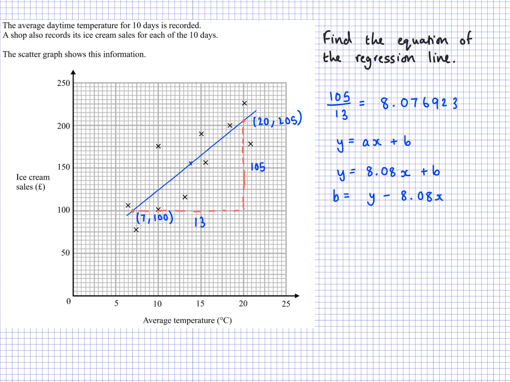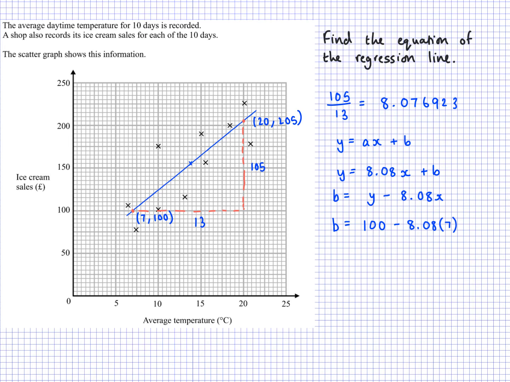So b is equal to, my y value here is 100, so 100 take away 8.08, and I need to times that by 7. So the 7 will go there. I'm just going to multiply that and do 100 take away this value, and that's going to give me my value for b.